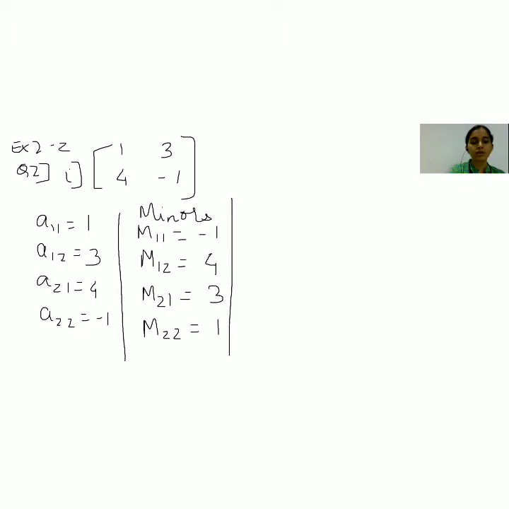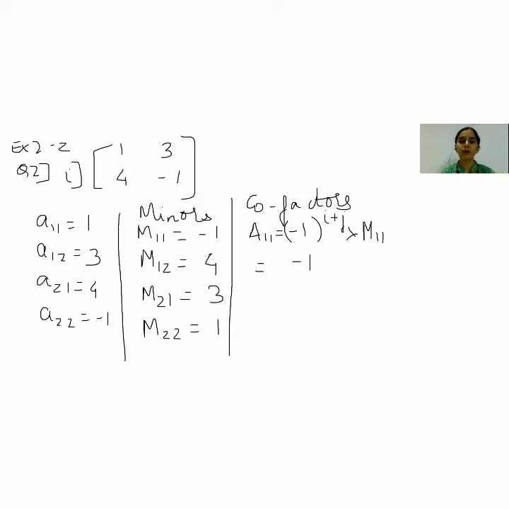Okay. After minors, we have cofactors. So how do we find the cofactors? A11 is equal to, I'll just write the formula once more and then you'll remember it. I plus j, so that is into its minor. So that was equal to minus 1 raised to 2 is 1 and M11 remains the same.